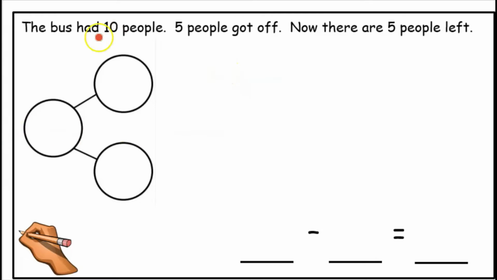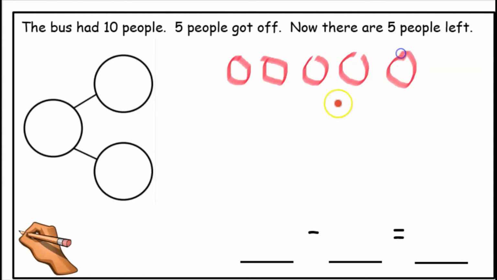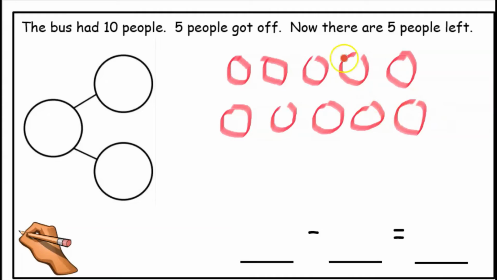Here we go. I'm going to draw 10 people. 1, 2, 3, 4, 5, 6, 7, 8, 9, 10. And then 5 got off.